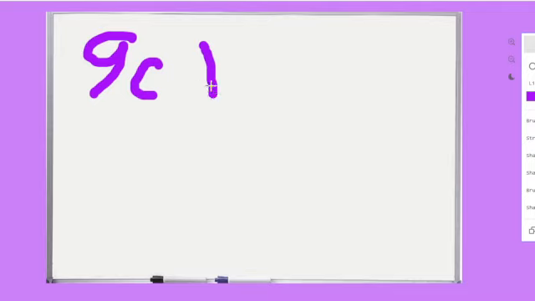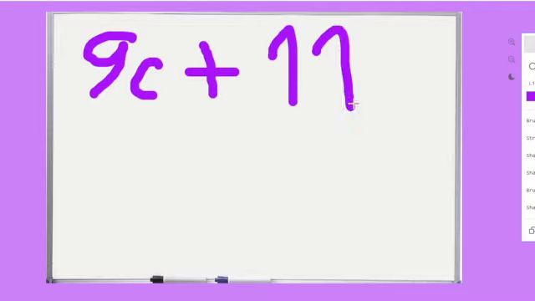Also, this is a pretty strange maths question, but there are 9 chickens and 11 cows. Okay. How many legs are in total?